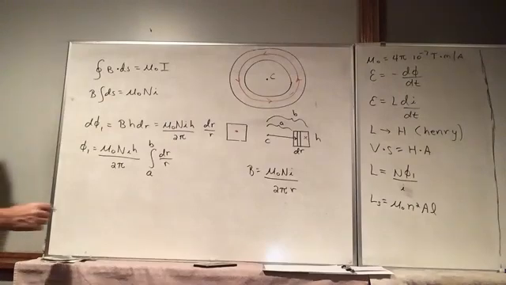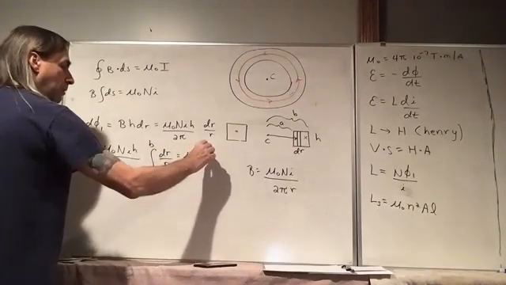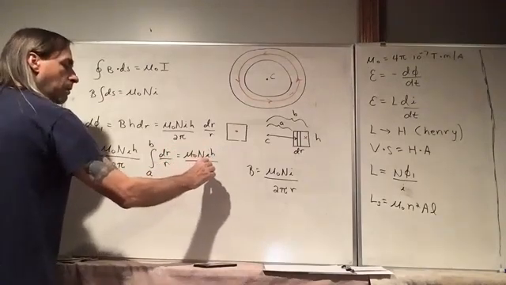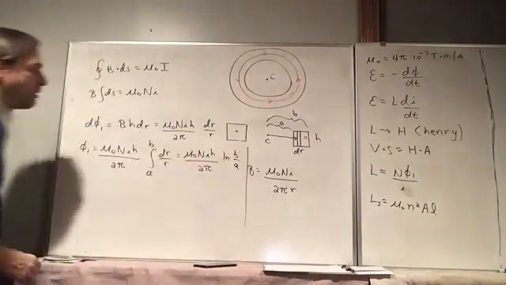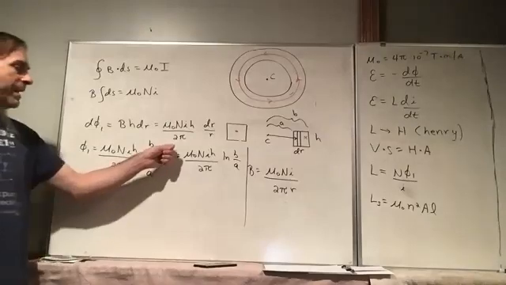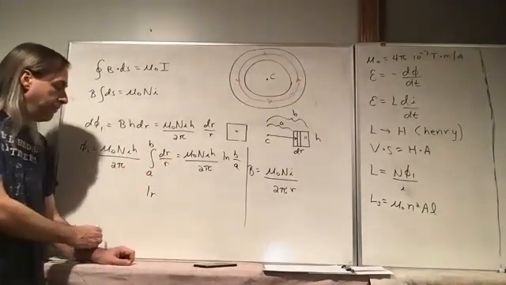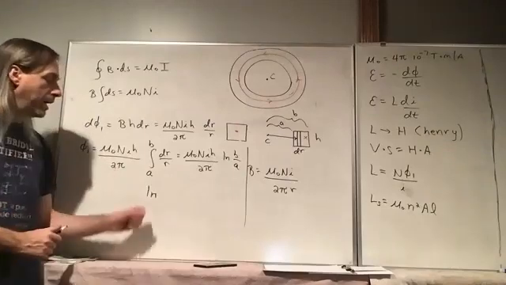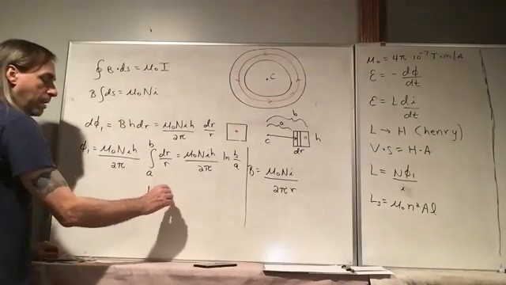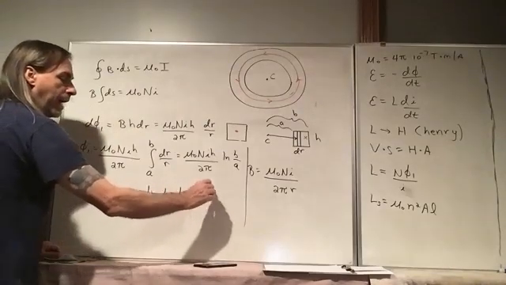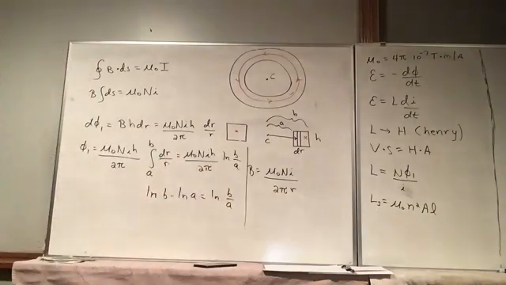I'm just going to write down the result here. The integral of dr over r is the natural log of r. So we have the natural log of r evaluated between a and b. That's natural log b minus natural log a, which is ln b over a.